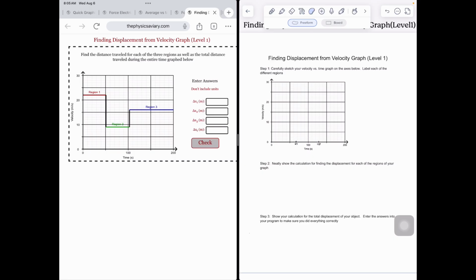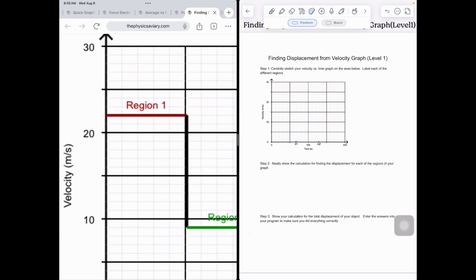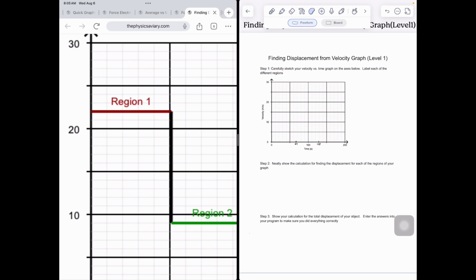First thing you should do, this is the first thing I'm going to do, is sketch my graph that's shown. They're all going to be horizontal lines. You just have to carefully figure out where they're changing the horizontal status of the line. So everybody take a minute, pause the video, go ahead and get yours together.